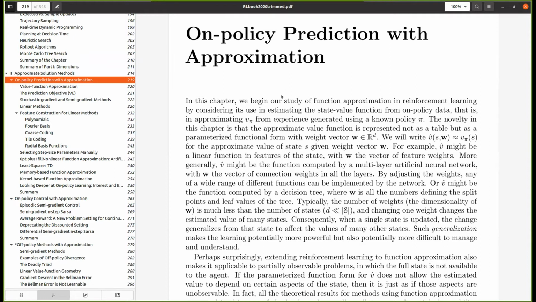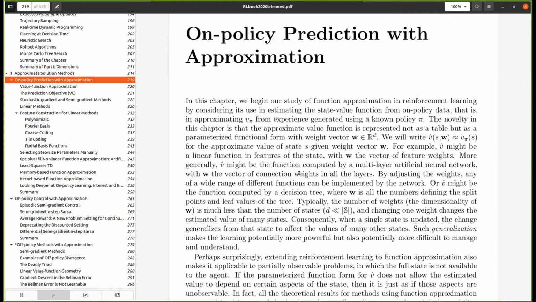So when we use appropriate functions for approximating the value, we expect it to generalize, in the sense that we can get meaningful interpolations between the observed data points.